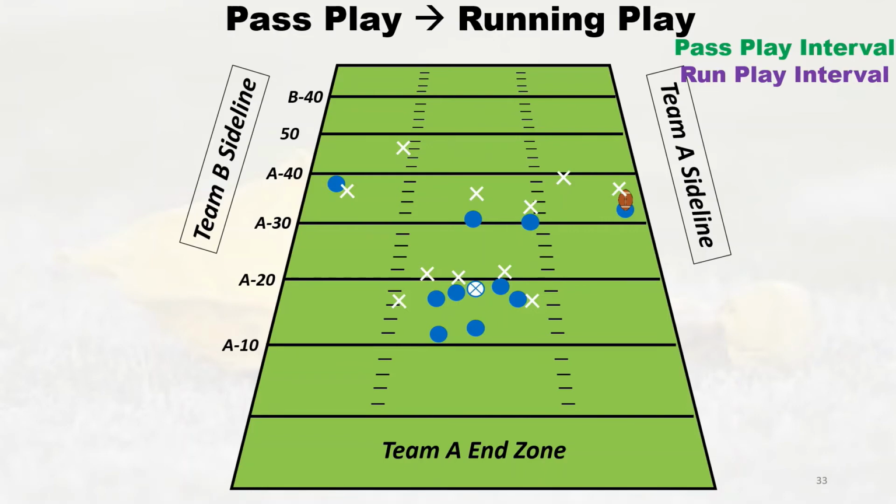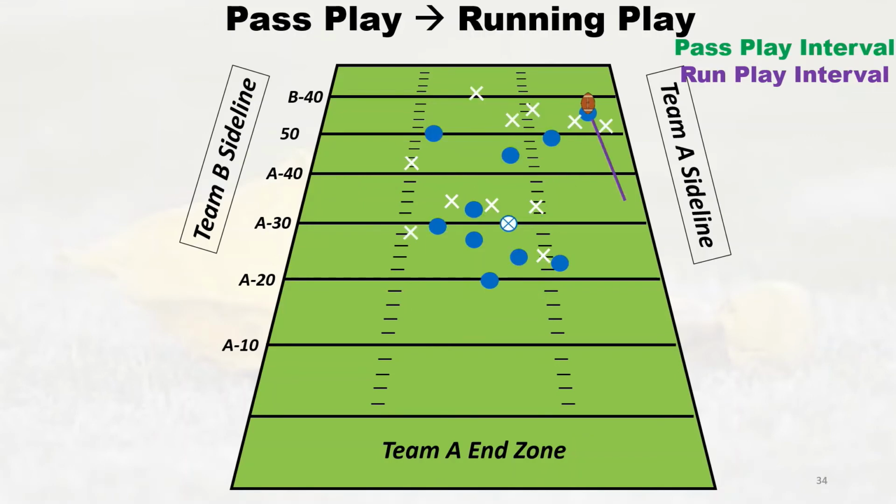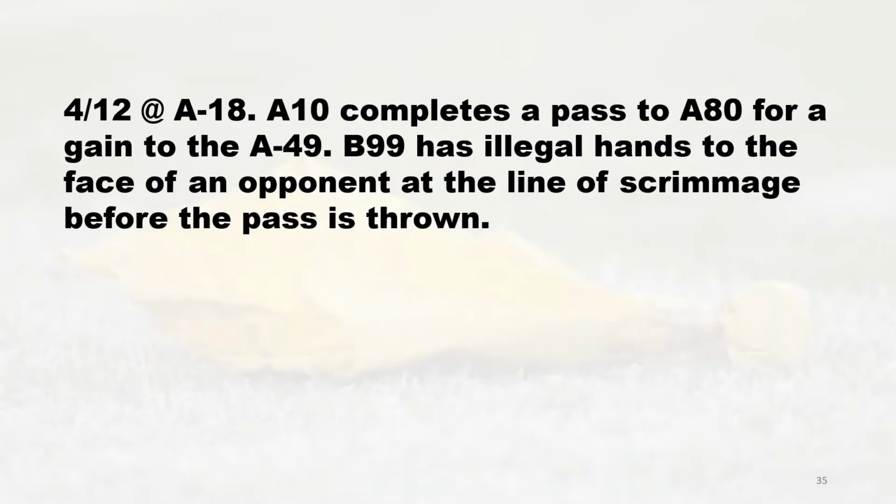Once that pass is completed, it now just turns into a run play. And then he gets tackled and the down is over. So during this down of football, we had two segments. We had our pass play and then we had our run play. So let's start sprinkling in some fouls and see how this thing works out.